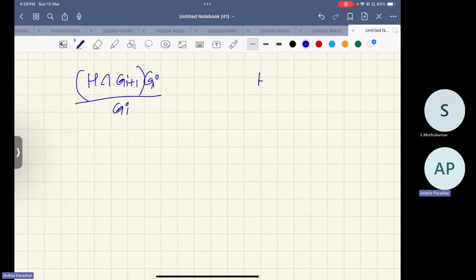Now, where does this subgroup lie? Where is H intersection G_{i+1} contained? Can you tell something about that? It's contained in H as well as G_{i+1}. Can I say further it is contained in G_i?